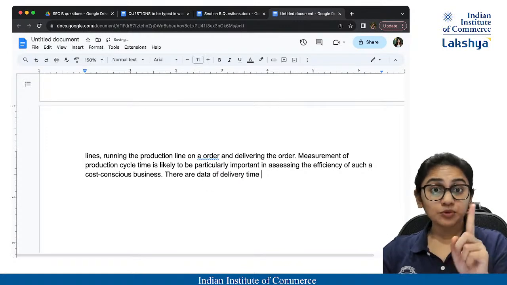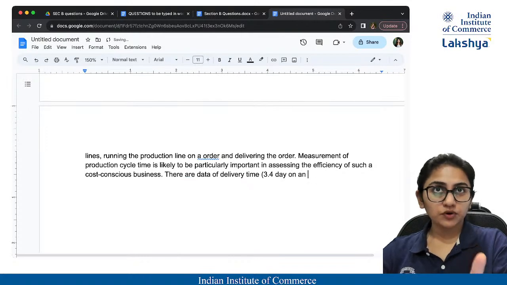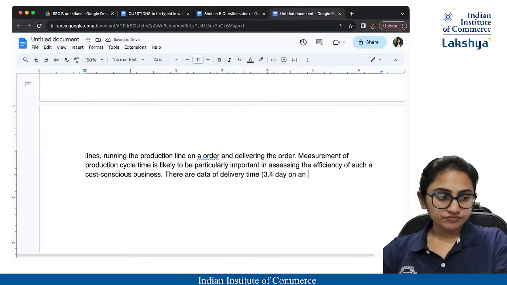We are taking 3.4 days to deliver one order, 3.4 days on average, because we got 3.39, so we rounded it to 4.